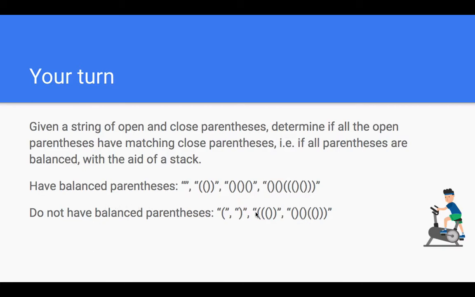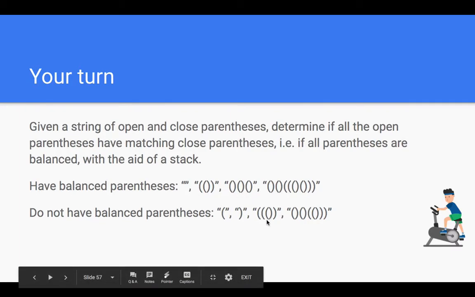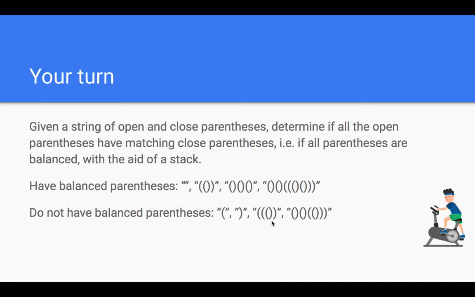Now, here are examples of strings that do not have balanced parentheses, like a single open parenthesis, a single closed parenthesis, or more open parentheses, 3 here, than closed parentheses, 2 here. Okay, so that's the problem statement.